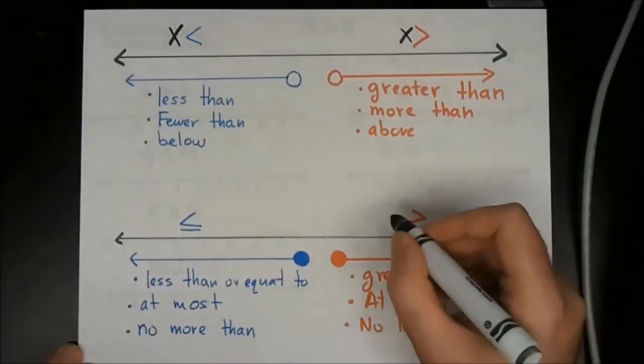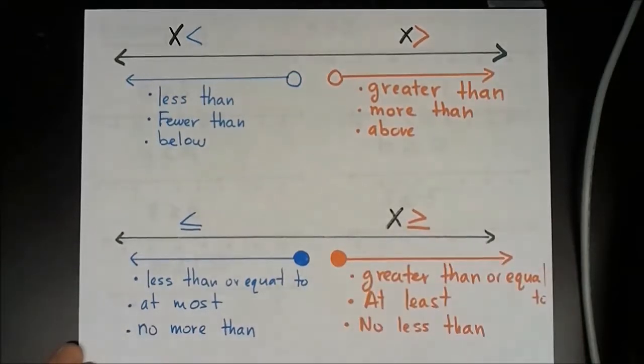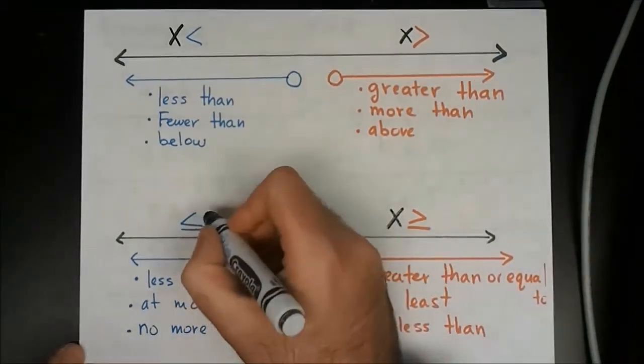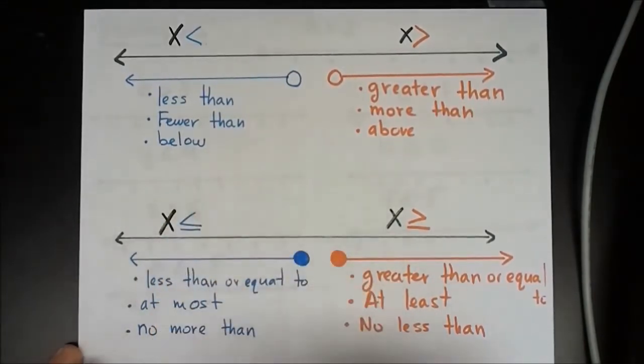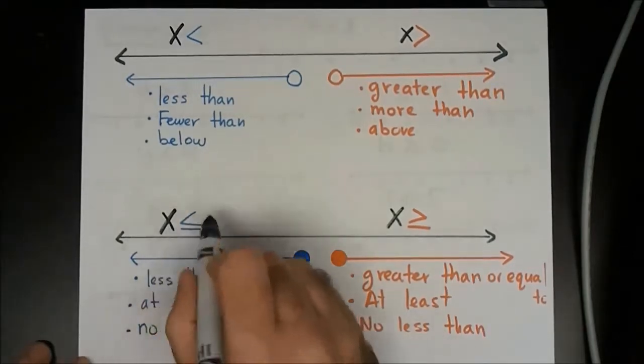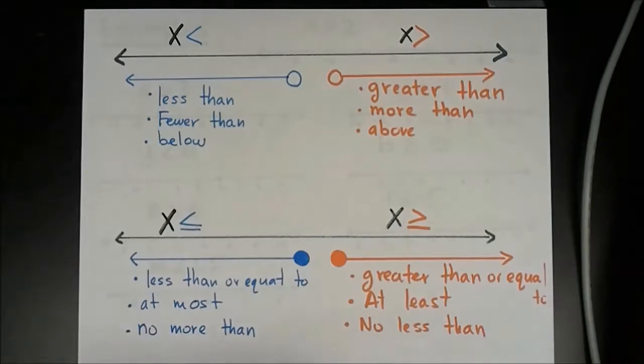Just like before, if the variable is facing the larger portion of this greater than or equal to symbol, then you're going to the right side. If the variable is facing the smaller portion or the smaller point of this less than or equal to alligator sign, then you're going into the left side.